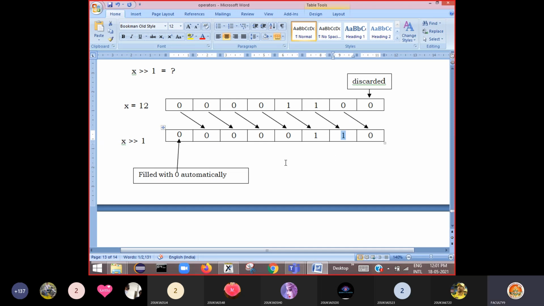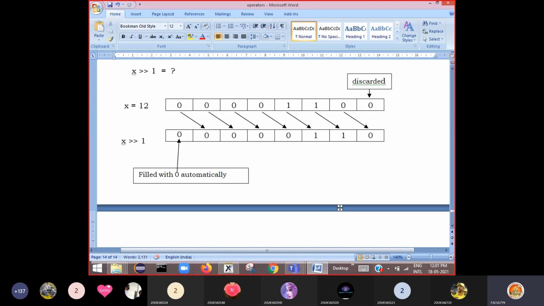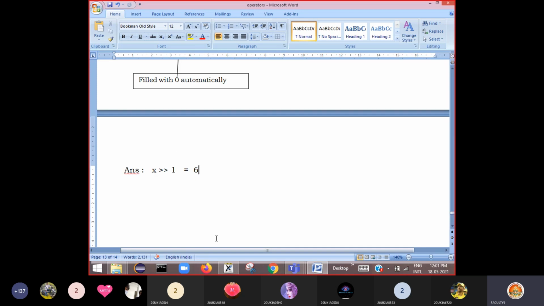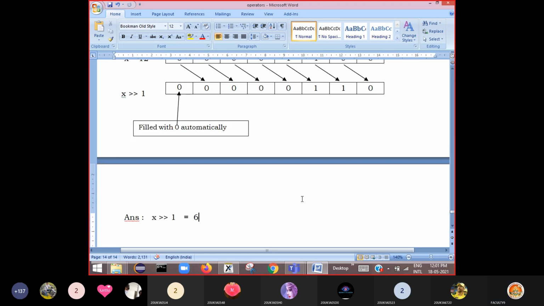So when you say x right shift 1, where x is equal to 12, you are getting the answer as 6. What happened here? 12 became 6. Without doing any division operation, by just moving all the bits towards right, you made the number half.